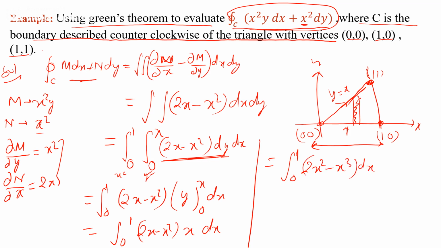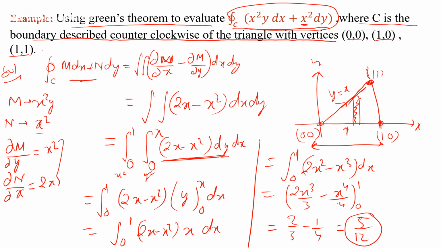On integrating with respect to x, we get 2x cube by 3 minus x to the 4 by 4, limit 0 to 1. On applying the limit, we get 2 by 3 minus 1 by 4, that is 5 by 12. In that way, we use the Green Theorem to evaluate that integral. Here we convert the line integral by the help of a surface integral.